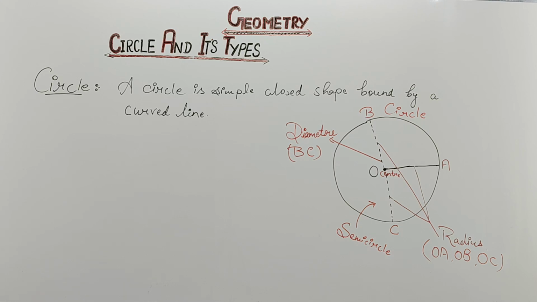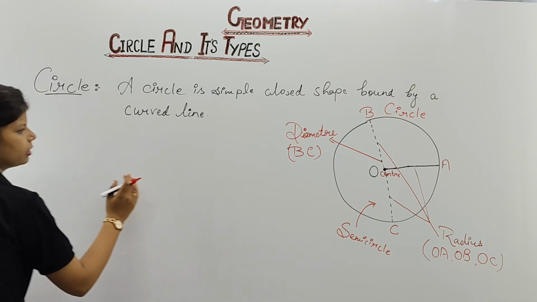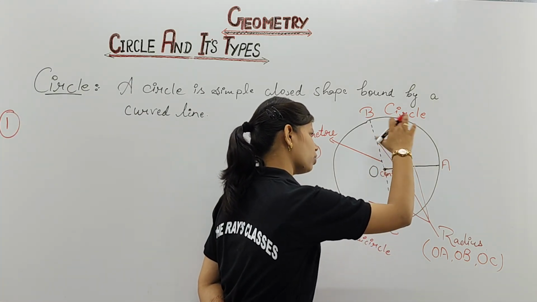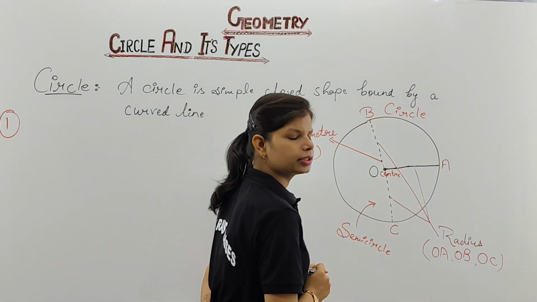The first point which we are going to discuss will be your center point. The fixed point on the circle is your fixed point, from where, with the help of a compass, we are going to draw the circle.